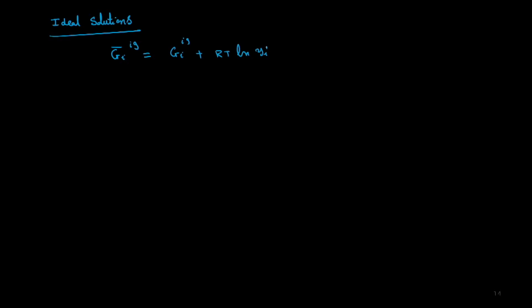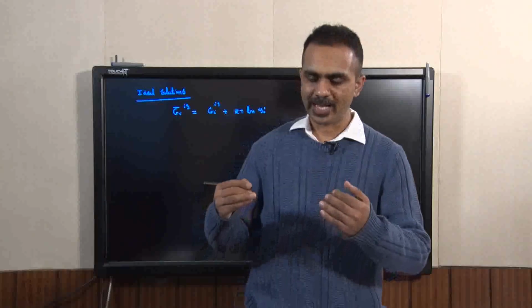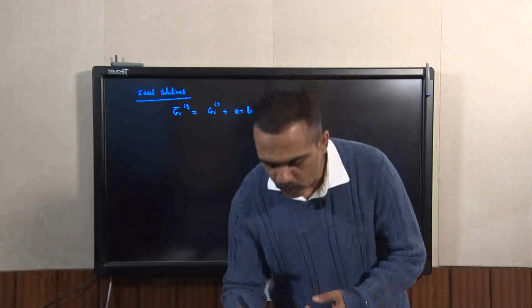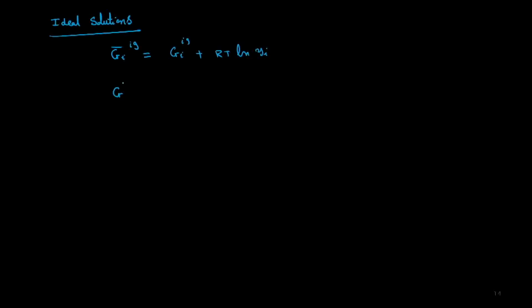What we'll do is define a class of solutions or mixtures known as ideal solutions, which exhibit a similar relationship between the partial molar Gibbs free energy or the chemical potential and the pure component Gibbs free energy.